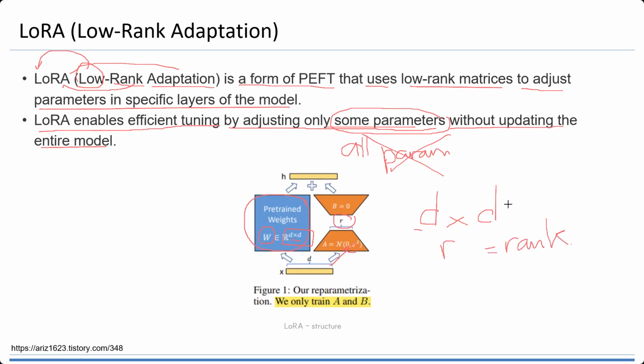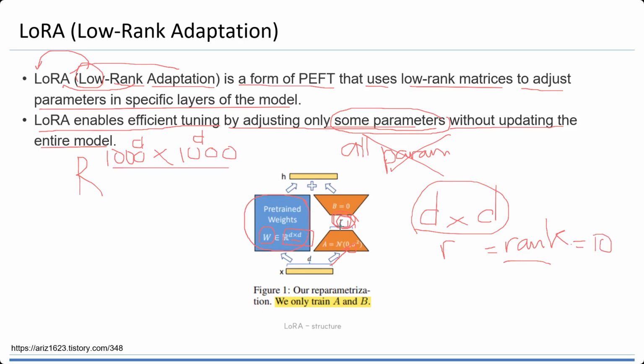So let's say I have this matrix, 1000 multiplied by 1000. Because it is too big, we can reduce it. This is D, this is D. So let's find the best R. Maybe let's select the rank equal to 10.